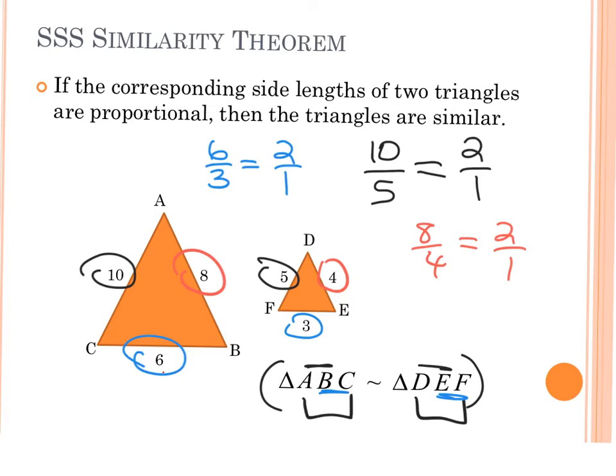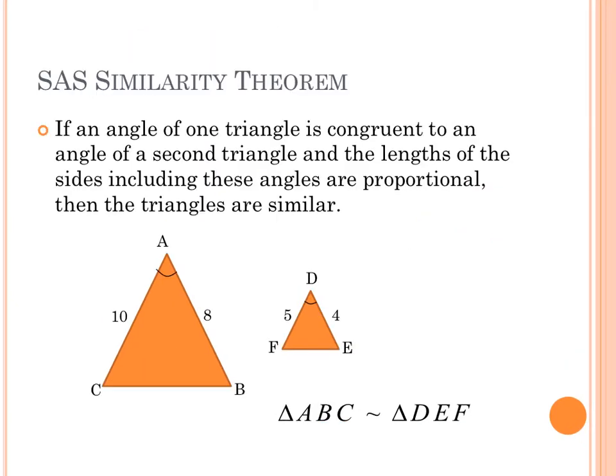The other one is now the side angle side. The last shortcut is called SAS, or side angle side similarity theorem.